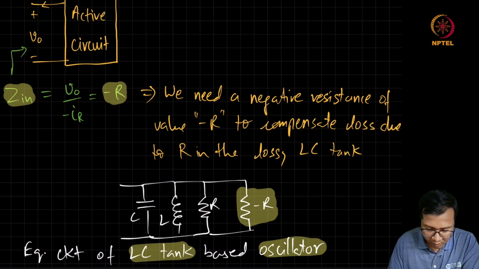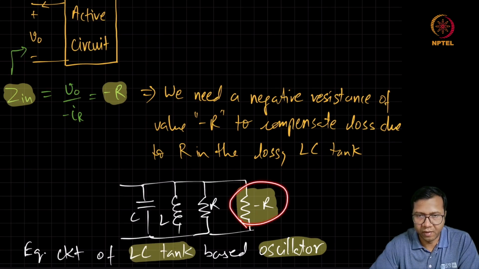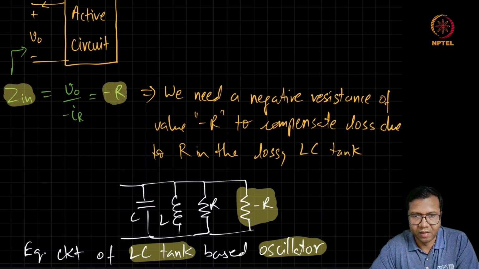We need to just figure out how to obtain this negative resistance, and then we can connect this negative resistance in parallel to this LC tank.